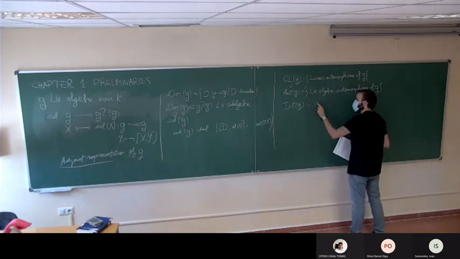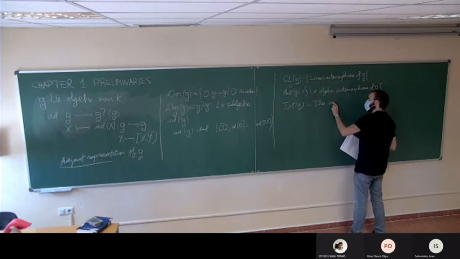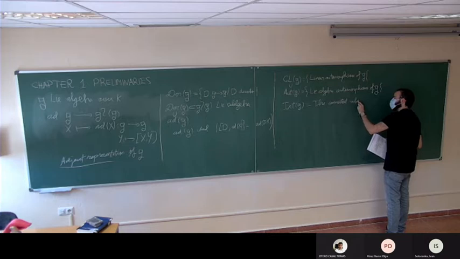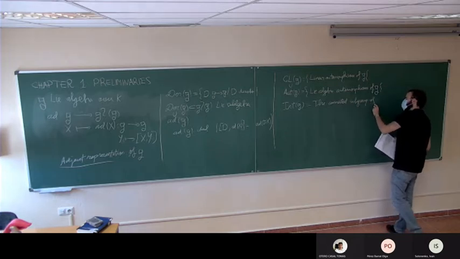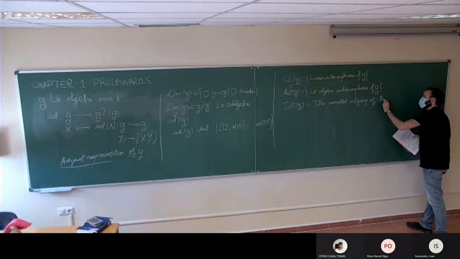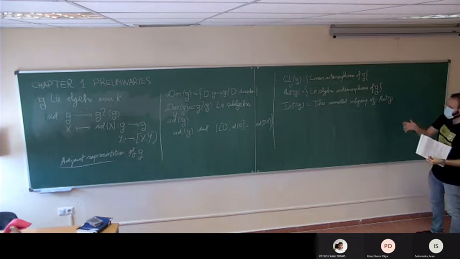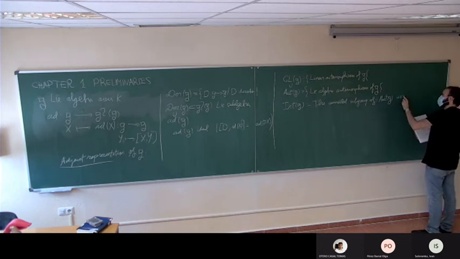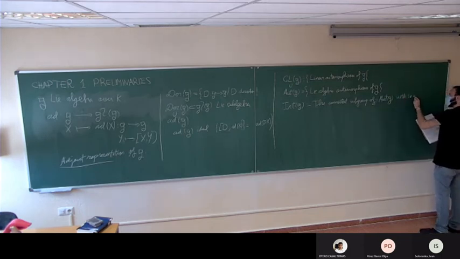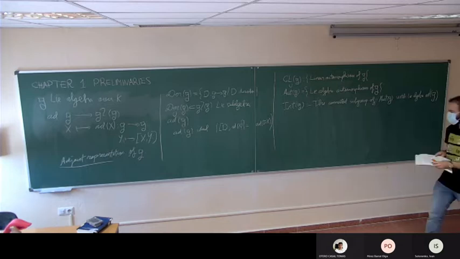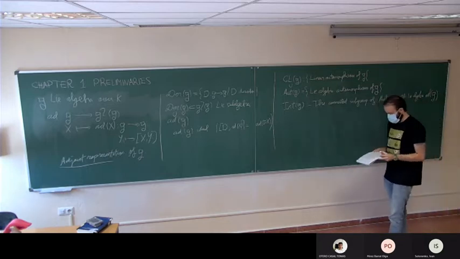So this is going to be the connected subgroup of the group of automorphisms whose Lie algebra is ad G. Okay, so this is known to exist because Lie algebras are related to connected subgroups.